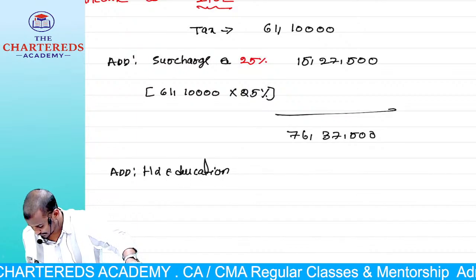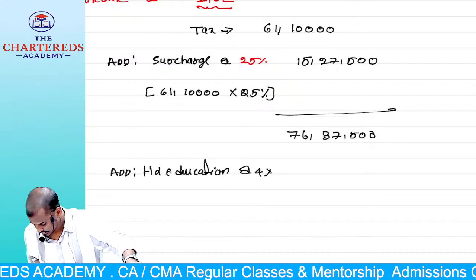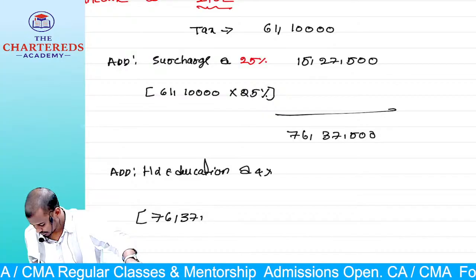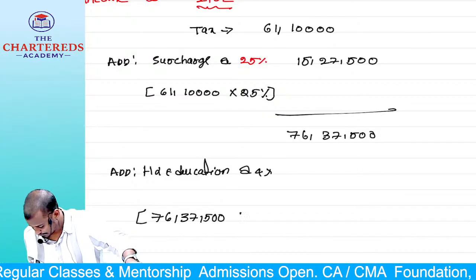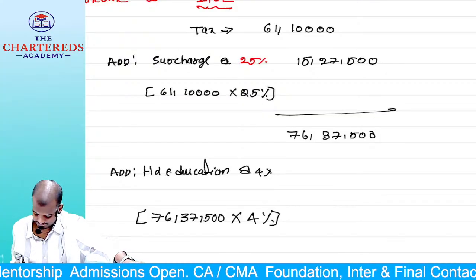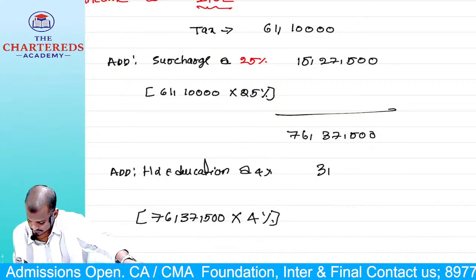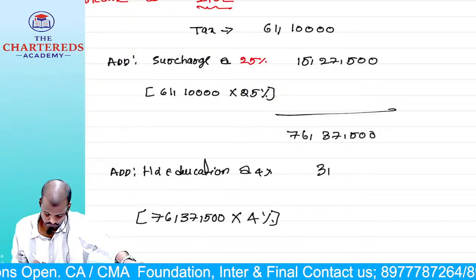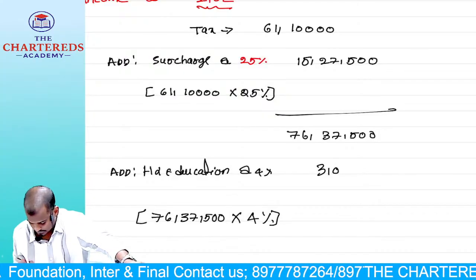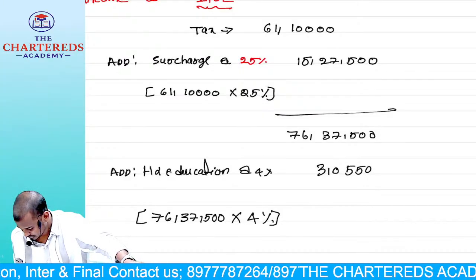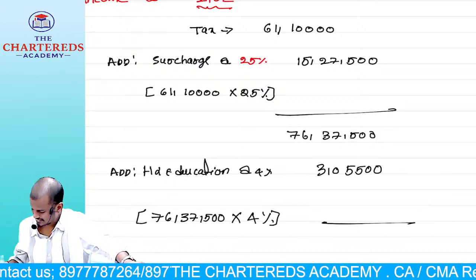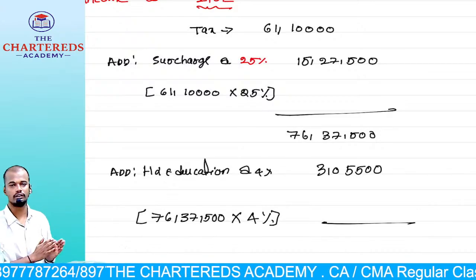What is the percentage, ma? 4%. 76,37,500 multiply with 4%. 3 lakh 7,000. Okay, fine. You can add.